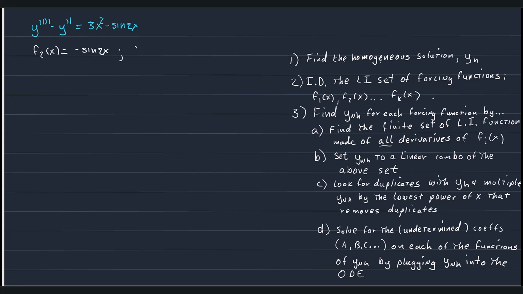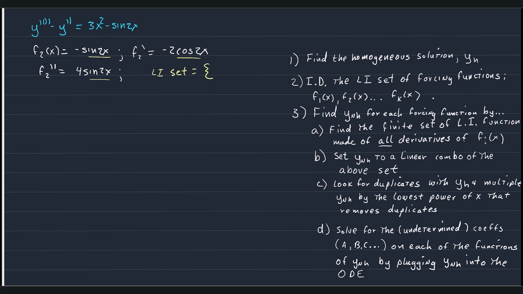The first derivative of f2 is minus 2 times cosine 2x, and the second derivative is equal to 4 sine 2x. And you can see that if we were to continue to take derivatives, we'd get alternating sines and cosines.